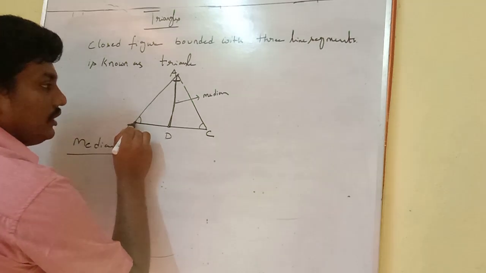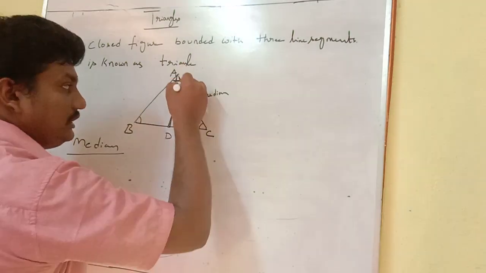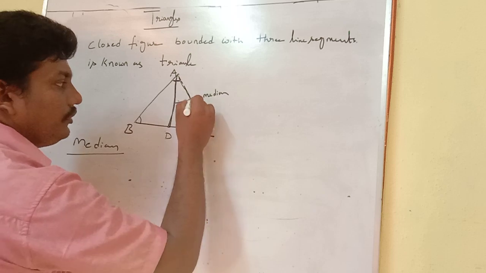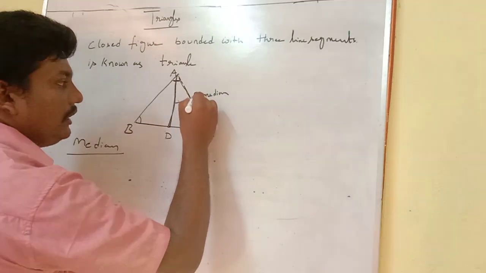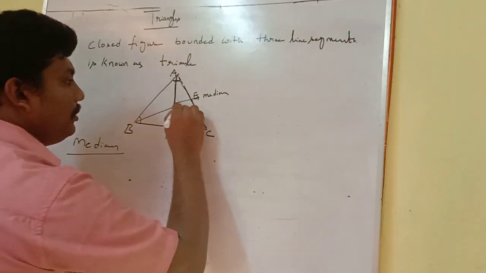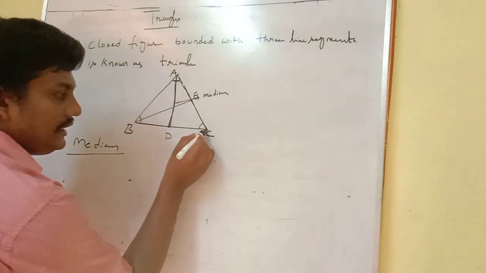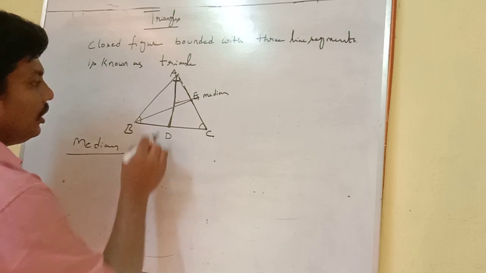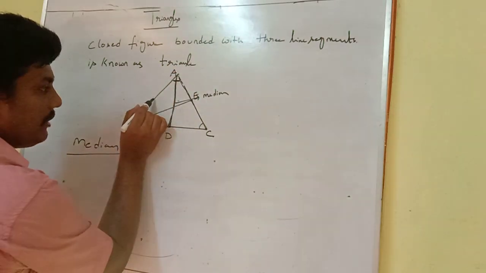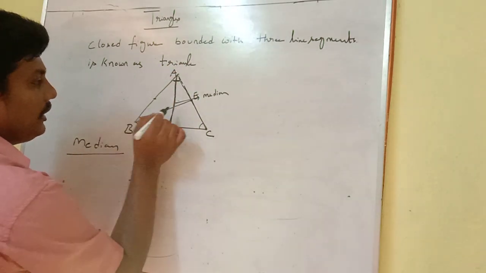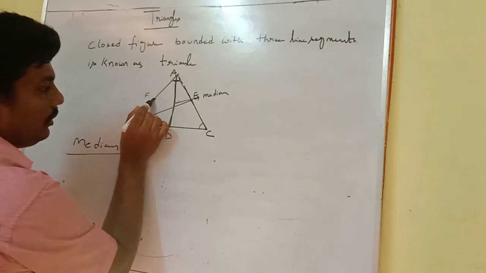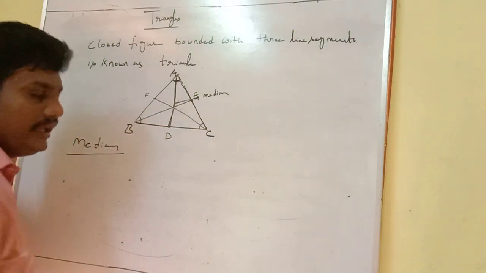B is a vertex, and the opposite side of B is AC. If you take the midpoint of AC as E, we can join BE as one more median. If you take C as a vertex, the opposite base is AB, and the midpoint of AB you can take as F. Then CF is one more median.